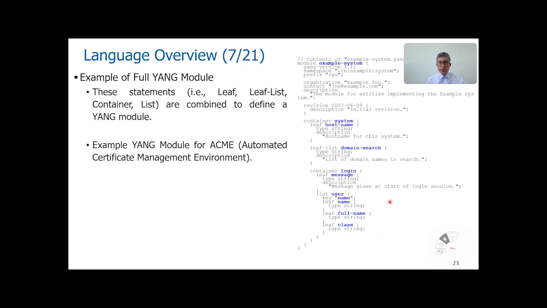They include the server container. So login: login consists of message and user. User is also a list node. As I mentioned, this is like a structure in C. The key variable is name. This list node consists of leaf name, leaf full-name, and leaf class.